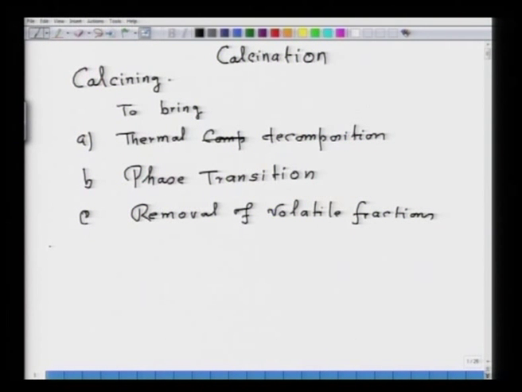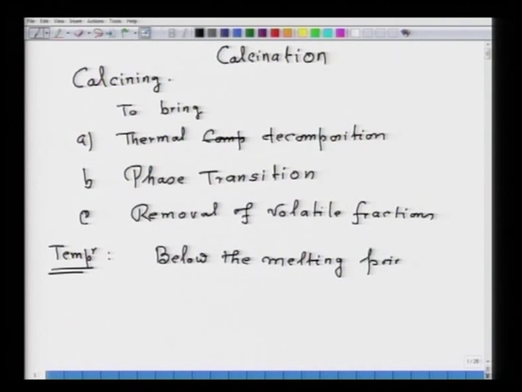Now, the temperatures involved are below the melting point of the components of the raw material. That means you treat them in the solid state, so the product is also solid. However, if there is a volatile component like CO2 or H2O, it will be leaving the system.